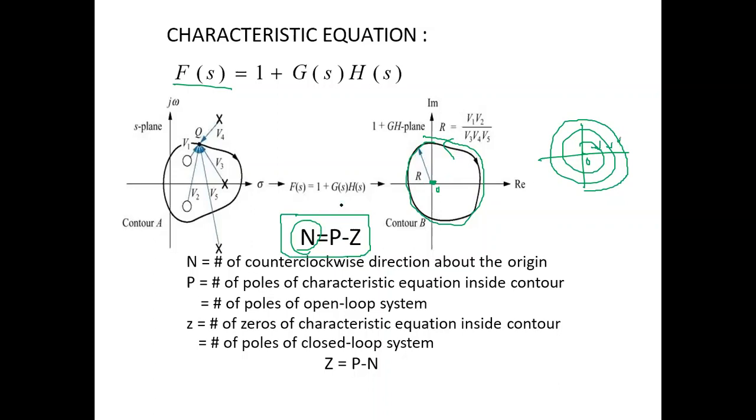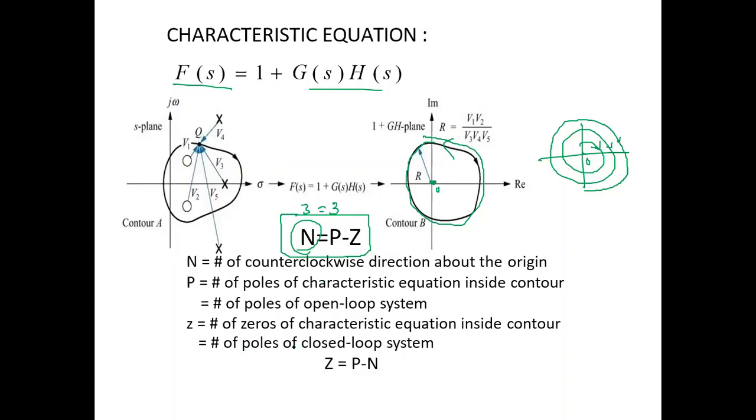Suppose here we have 3, then the number of encirclements should be equal to the poles of the open loop system. I mean, for this open loop system, the given G of s, H of s, how many poles are there? Suppose poles are 3, and there are no zeros.